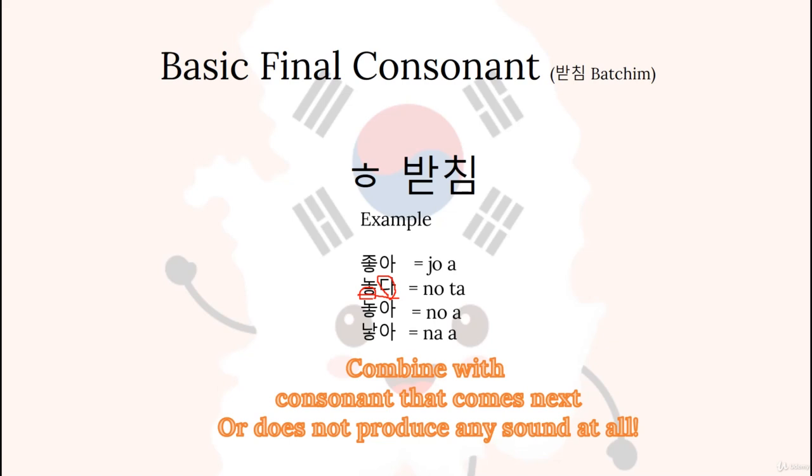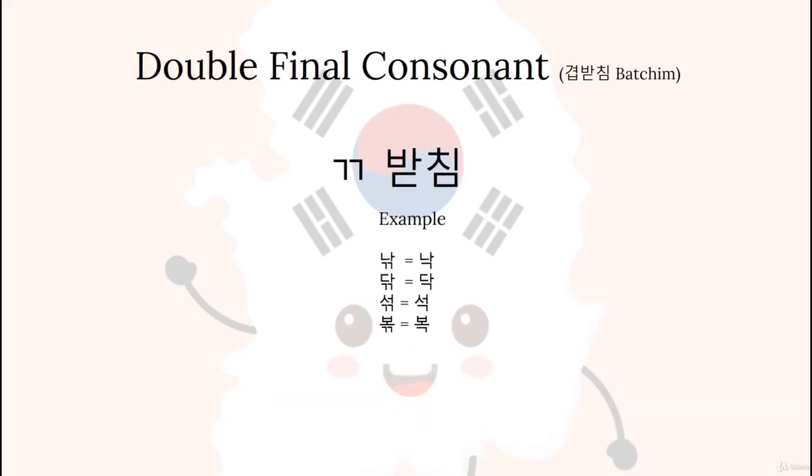Okay, moving on. Now we have the double final consonant, which is called a 겹받침, the double 받침. Only the double 기역, 쌍기역. We'll go with this one first.